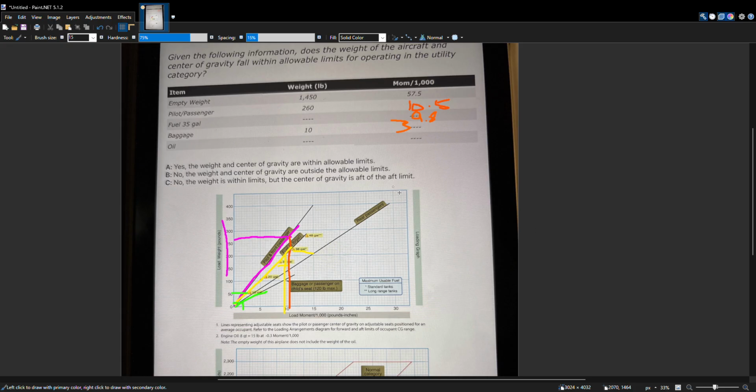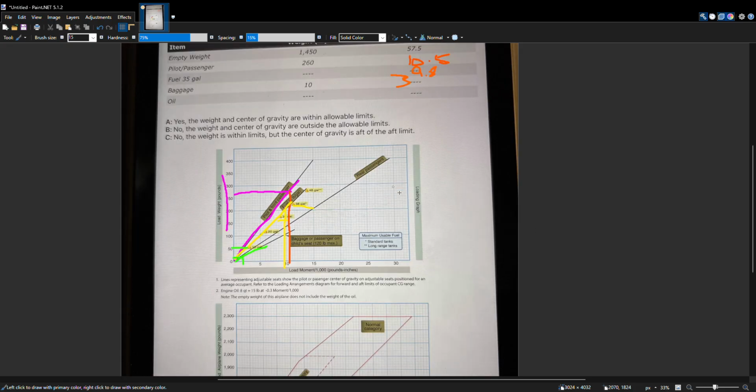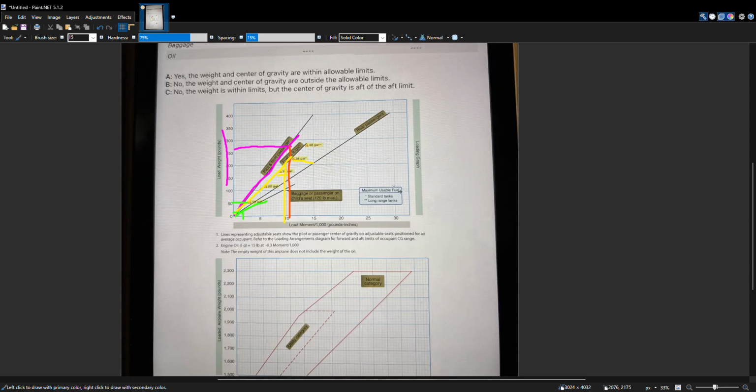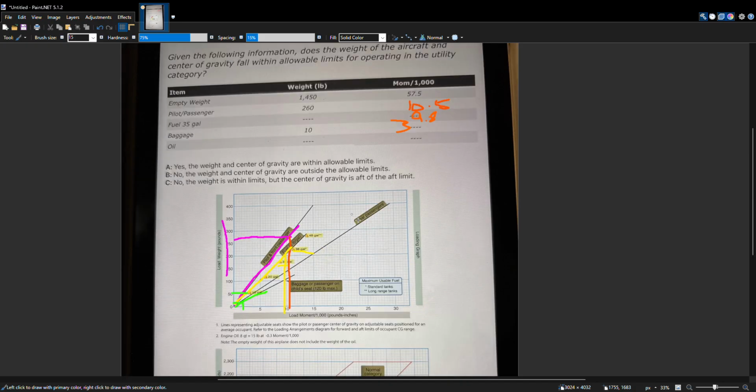I believe that's in here. Engine oil quantity, 15 pounds at negative 0.3 moment. Okay. Minus 0.3. And 15. And fuel, I believe, is just 210. Yeah. 10. Okay.